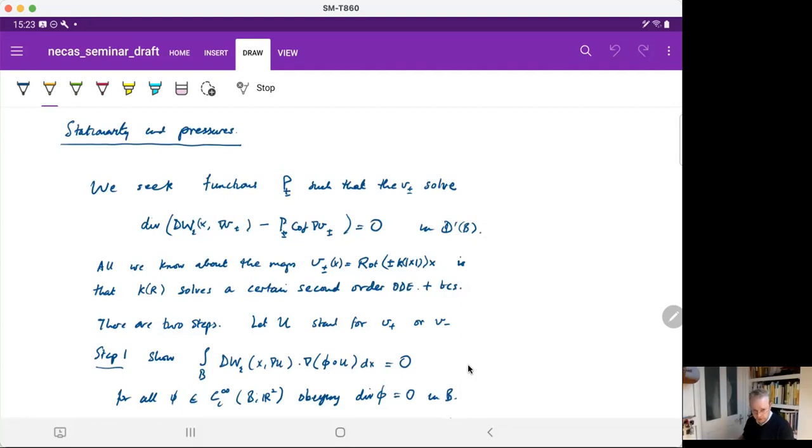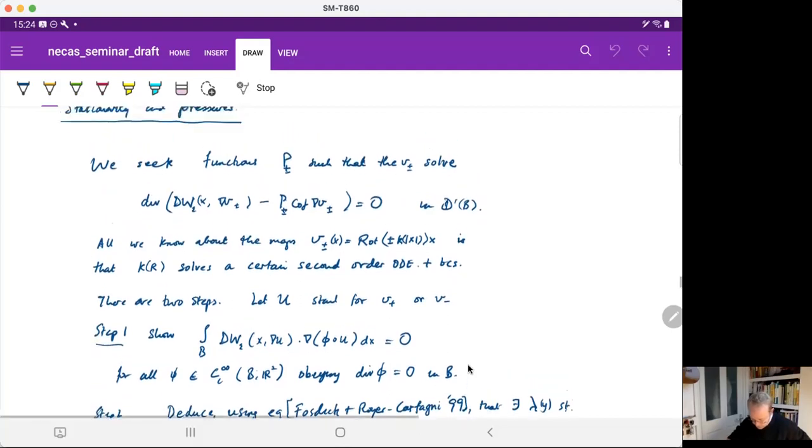All we've got is the second order ODE satisfied by K plus boundary conditions. So there are 2 approaches to this. The first is to establish the existence of a pressure rigorously, and that can be done. And then the second part is really to try to find it somehow.